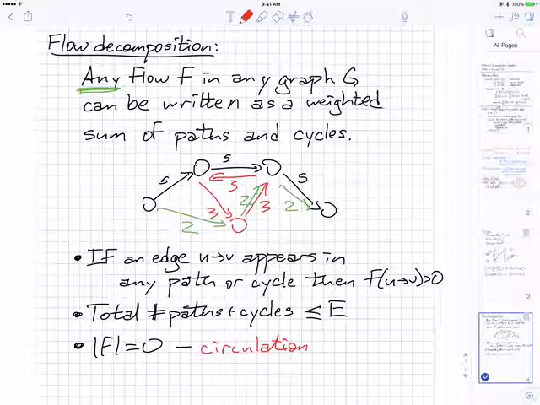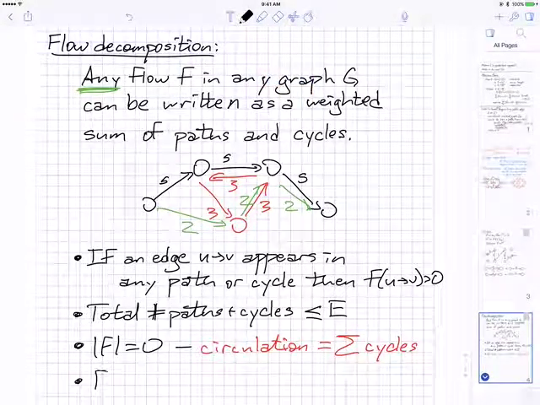A circulation, you can always just write as a sum of cycles. You never need to introduce any paths from S to T because S and T don't play any special role at all.